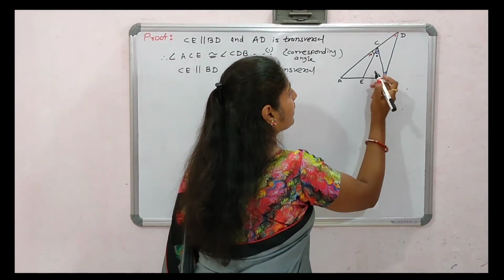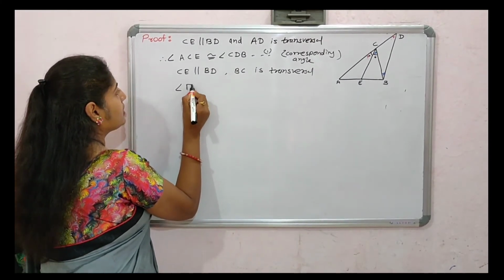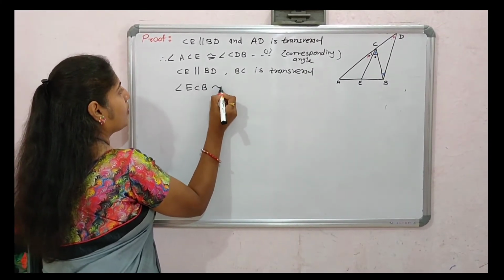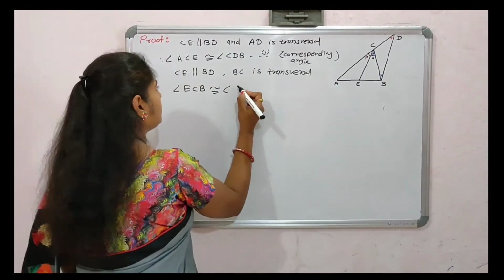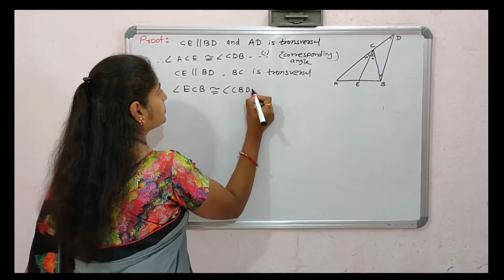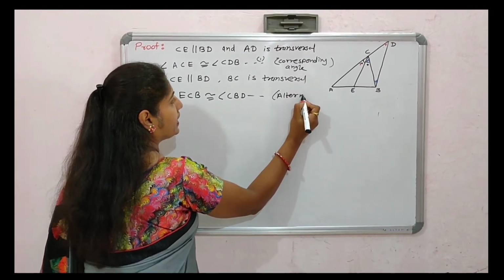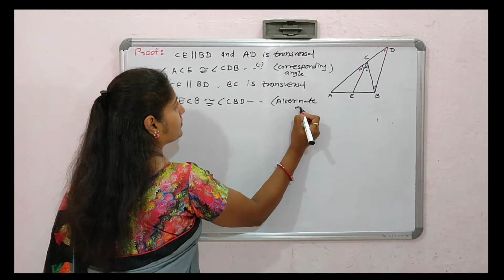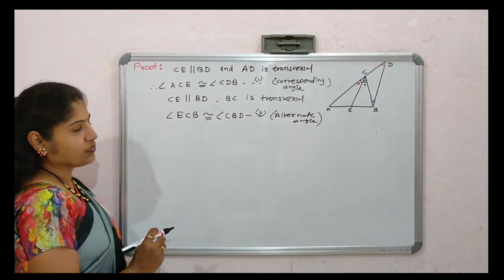So angle ECB is congruent to angle CBD, a pair of alternate angles. This is equation number 2.